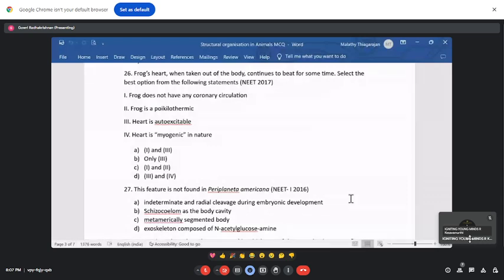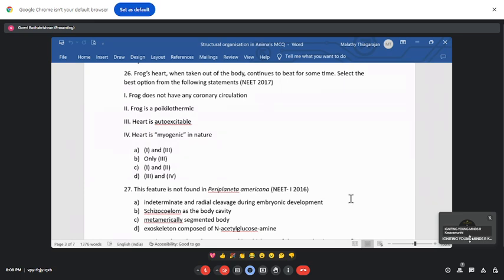What is myogenic? When the muscles contract, the heart beats. So the heartbeat is controlled by the contraction of the muscles. Basically in equal rhythms, in a proper rhythmic fashion, it contracts and the heartbeat happens.